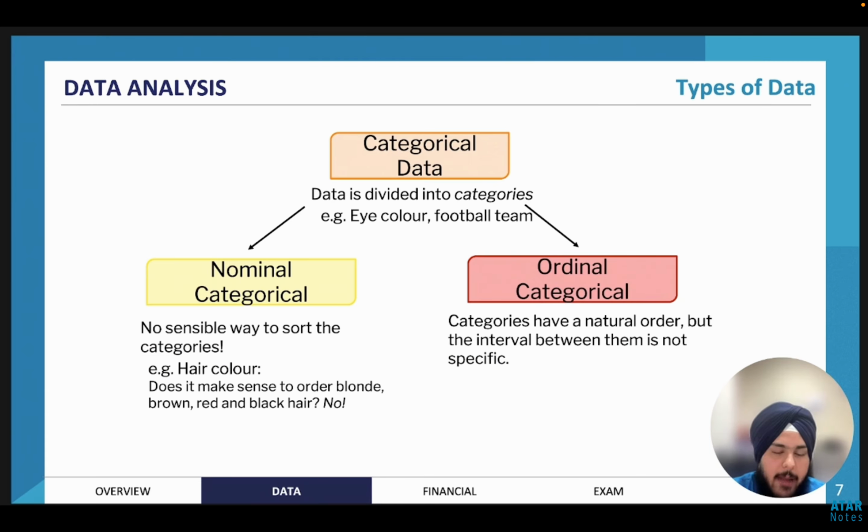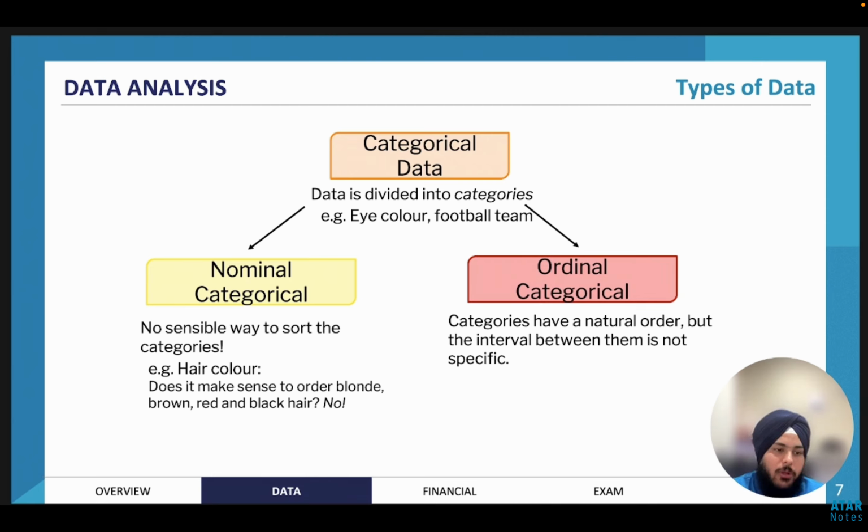So just to go into a little bit more detail about categorical variables. Categorical variables usually represent data that is divided into discrete categories. That could include things like eye color or football team, usually qualitative data, so data that we usually describe as opposed to quantify. Furthermore, for categorical data, we can have nominal or ordinal categorical data.